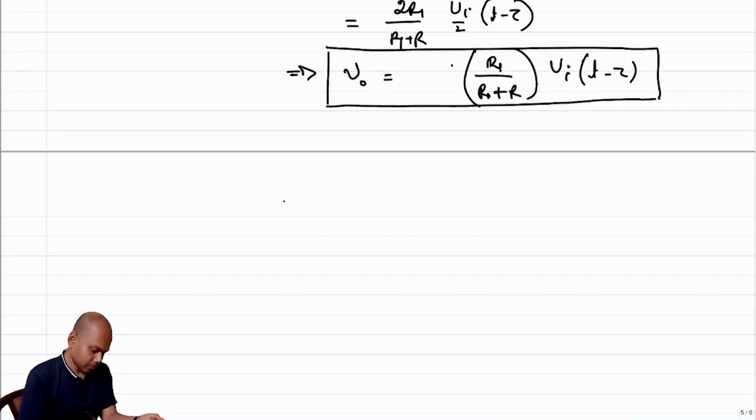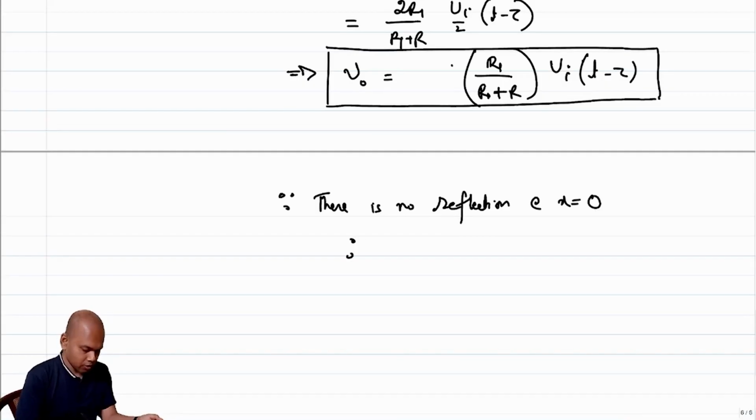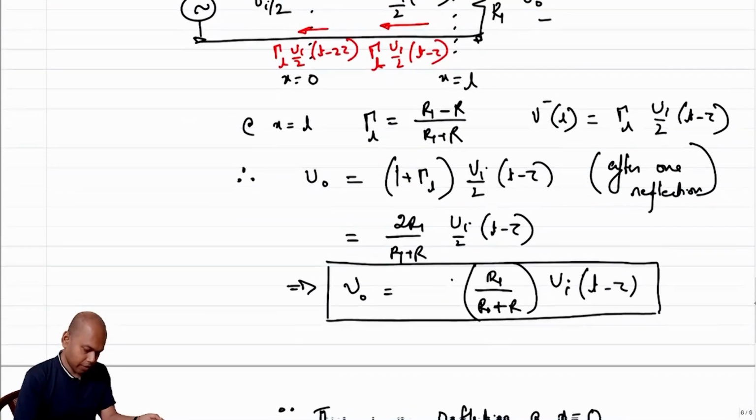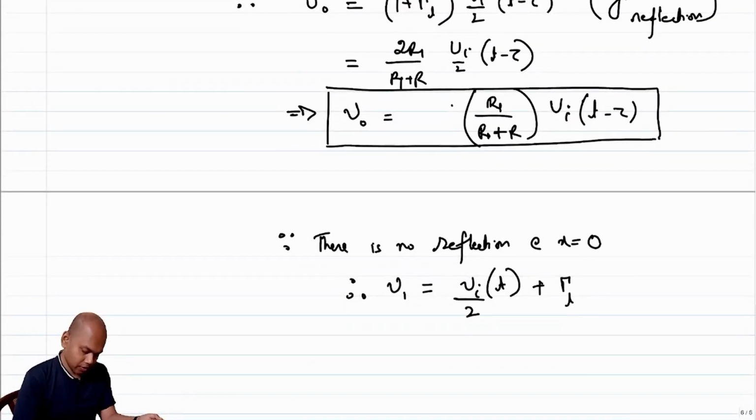Since there is no reflection at x equal to 0, therefore V1 will be equal to Vi(t) plus gamma L times Vi by 2 (t minus tau), Vi by 2.